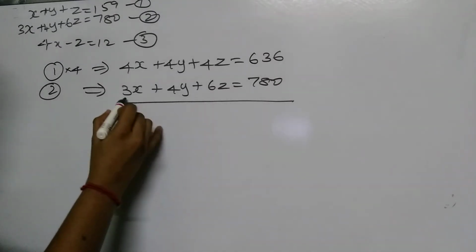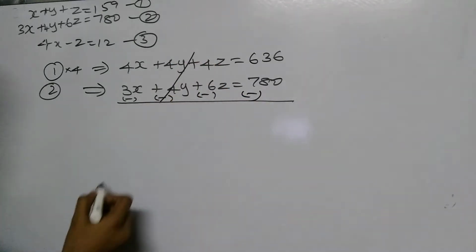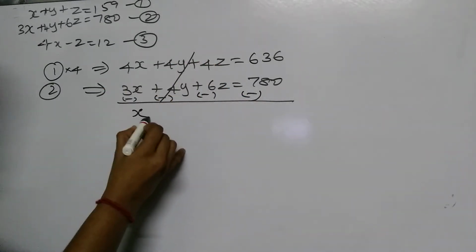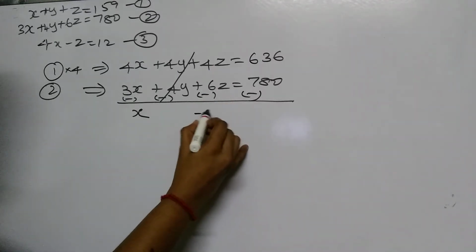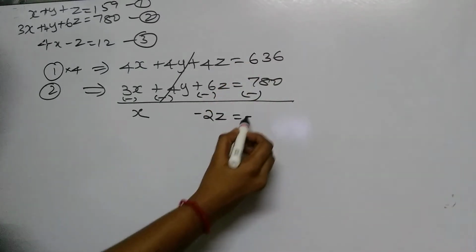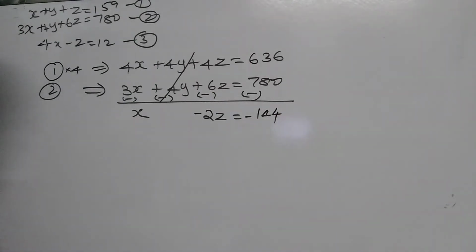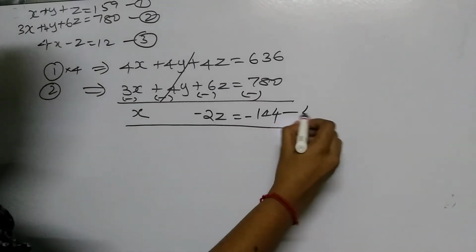Subtract it, change the sign, cancel the y term: 3x minus 4x, 6z minus 4z, 780 minus 636 gives 144. So x minus 2z equals minus 144. Let this be your fourth equation.